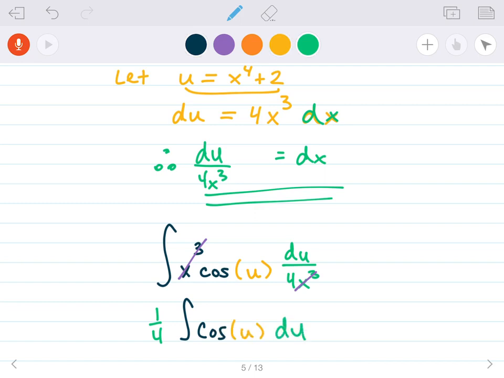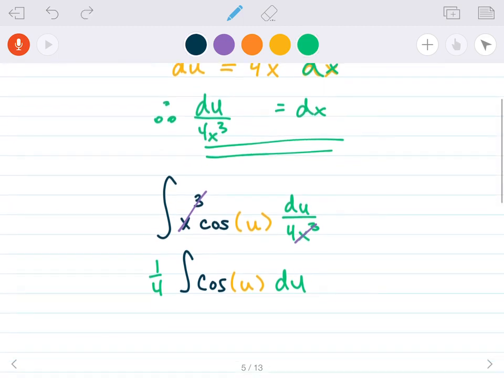And now I know what this is, right? I can integrate this with respect to u. So this is basically saying, what do I have to take the derivative of to get cosine? And the answer is sine, right?